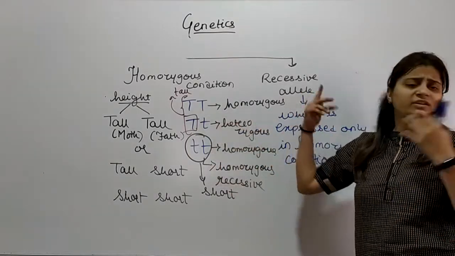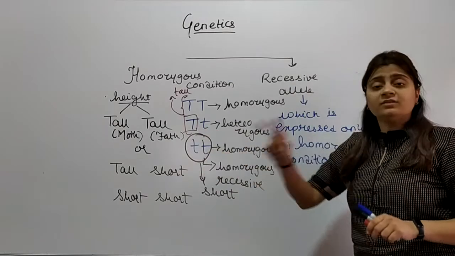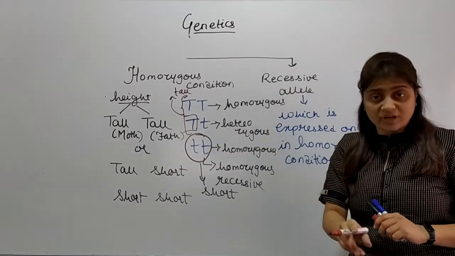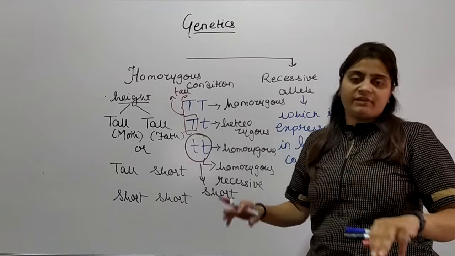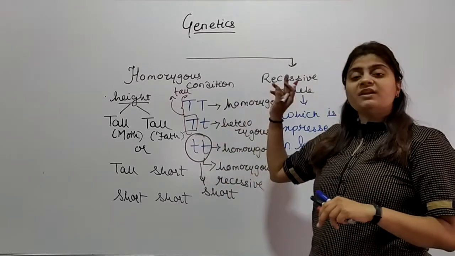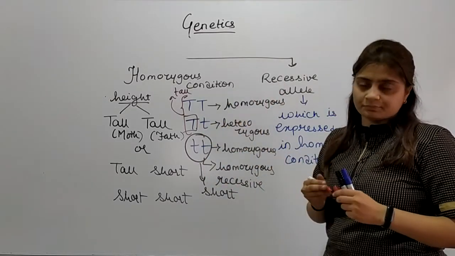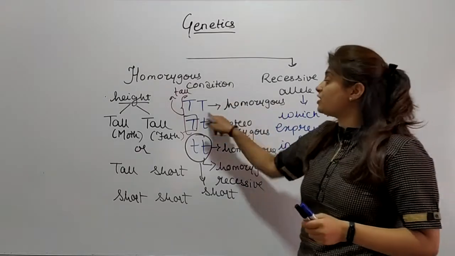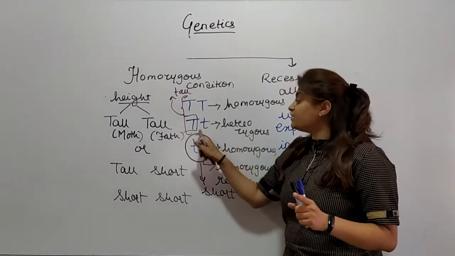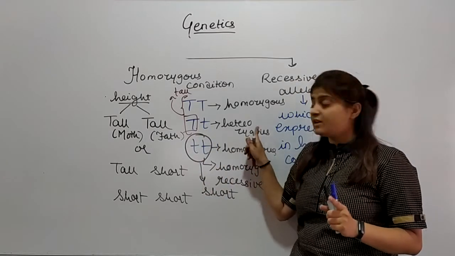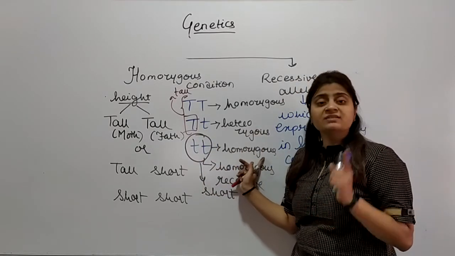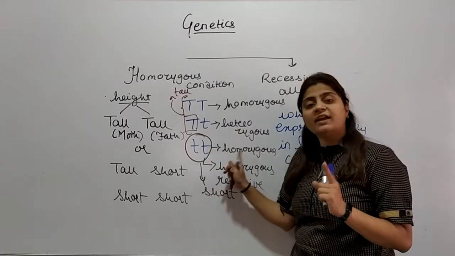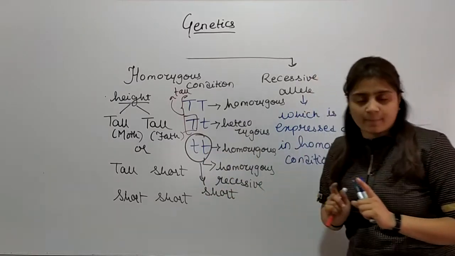If one tall allele is present, there will be no other expression, only the dominant trait will be expressed. So this is known as homozygous dominant because tall height is dominant. This is known as heterozygous, and this is known as homozygous recessive because short height is recessive over tall height.